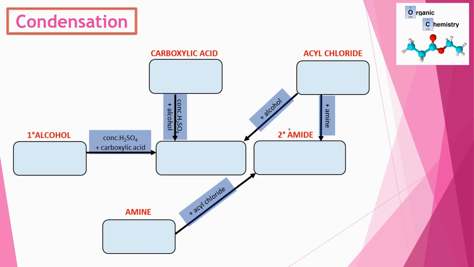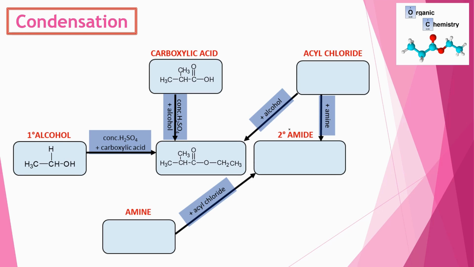Okay, so we've looked at the different types of condensation reactions. If we start with the carboxylic acid and we add an alcohol, we can produce an ester. This is the ester we've produced. This ester could also be produced by an acyl chloride and an alcohol. The acyl chloride would have the same structure as the carboxylic acid, but of course it would have a Cl instead of the OH.